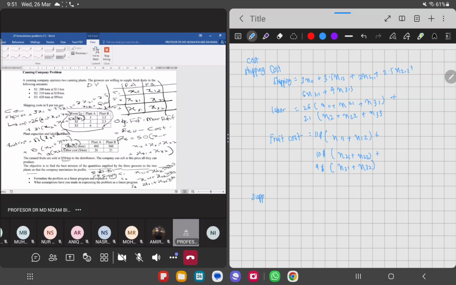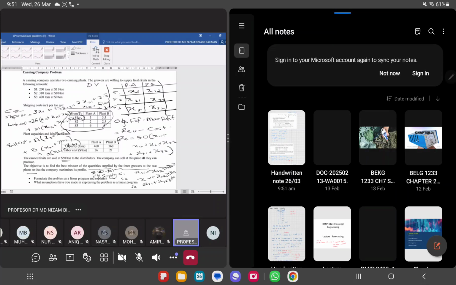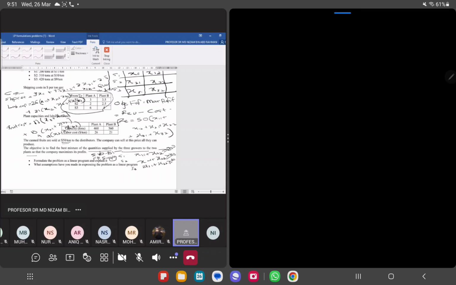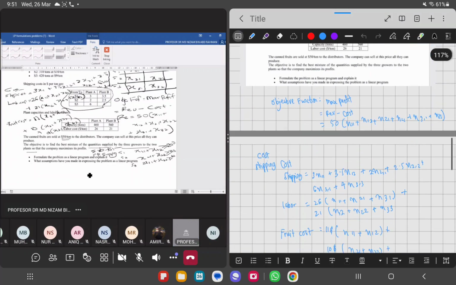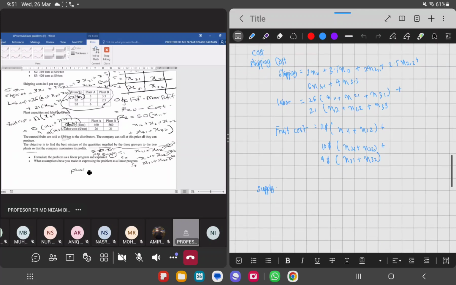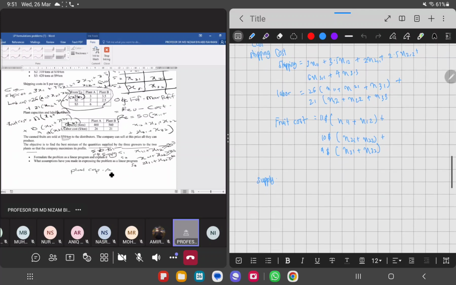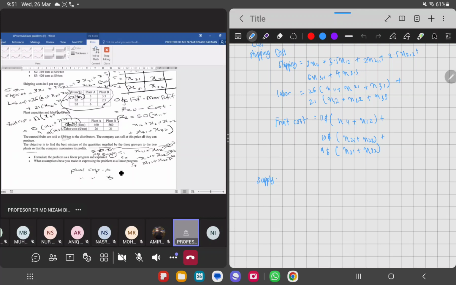What are the other constraints? Plant capacity. Yeah, plant capacity. So we have constraints with regards to the plant capacity, for plant A and plant B. Plant A would be X11 plus X21 plus X31, which must be less than or equal to the capacity, only 460, right?